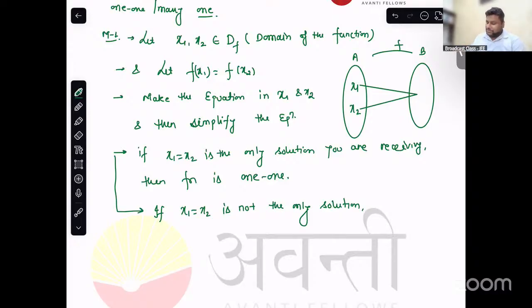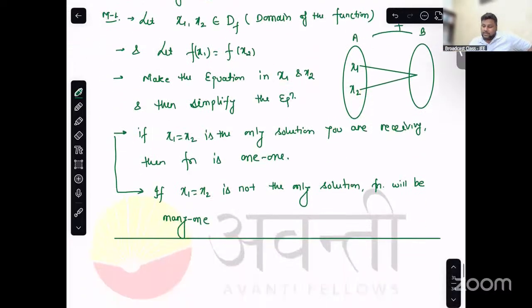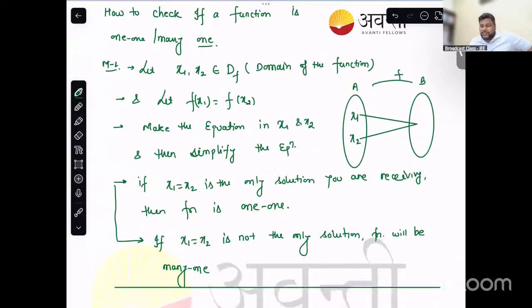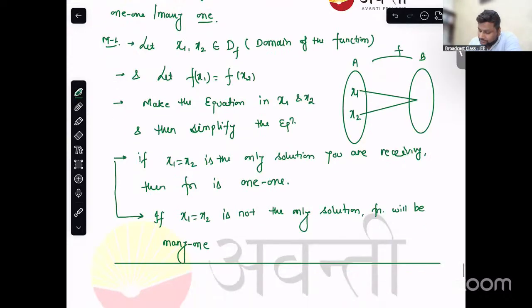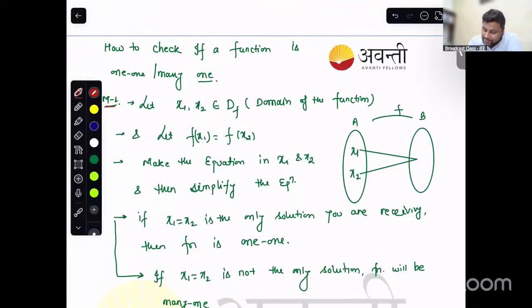Then function will be many-one. Am I correct? Tell me. So if x1 equals x2 is the only solution you are receiving, this function will be one-one. If x1 equals x2 is not the only solution you are receiving, then function will be many-one. Am I correct or wrong? So this was your method 1.